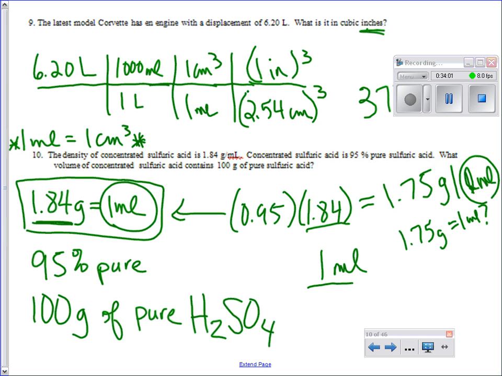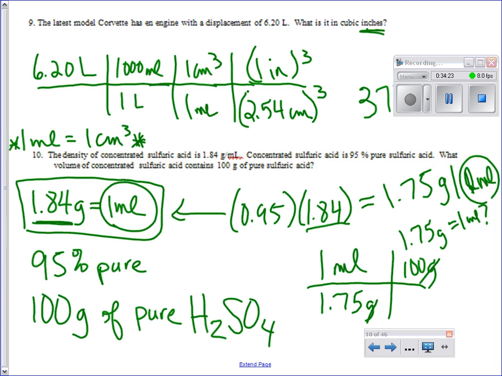So in pure sulfuric acid, how many grams are in 1 mil? 1.75 of them. Is everybody okay with what I just did? These are equivalent numbers in the world of dimensional analysis. So how now would I figure out how many mils are in 100 grams? Multiply by 100.